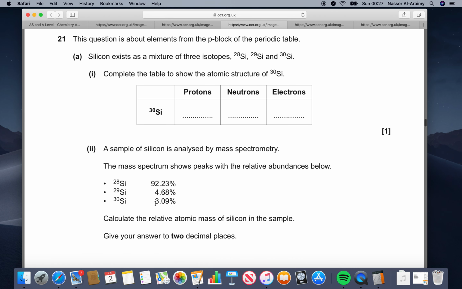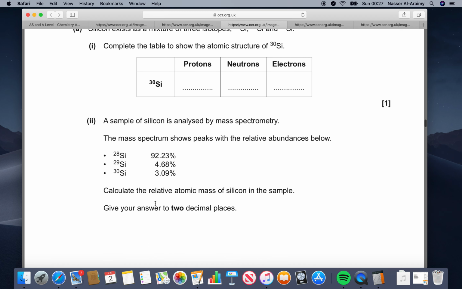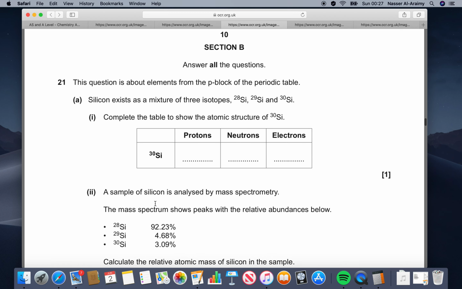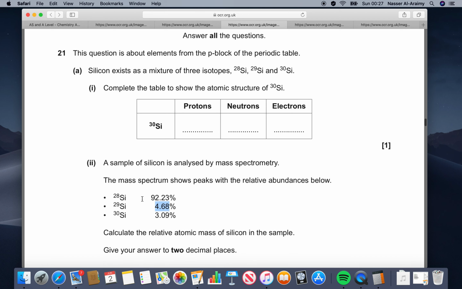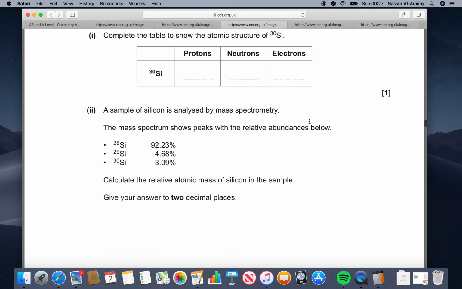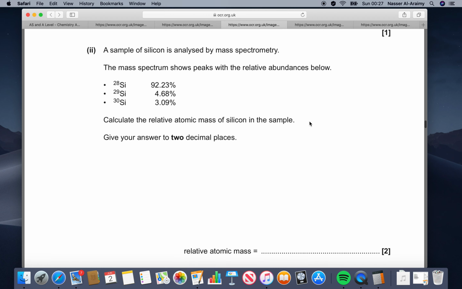Okay, so from section B, this is where the real deal starts. They're always going to start you off with something nice, like a GCSE question, where they ask you the protons, neutrons, and electrons of something. And then they start getting serious.